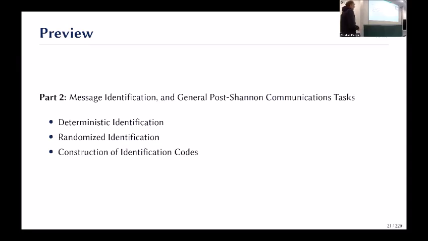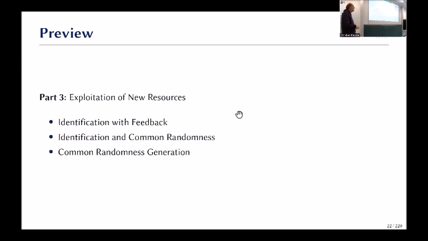And here we have the information theoretic analysis. And here I will show you how one can construct identification codes. And finally, I will tell you something about general post-Shannon communication tasks. I will explain what K-identification is.